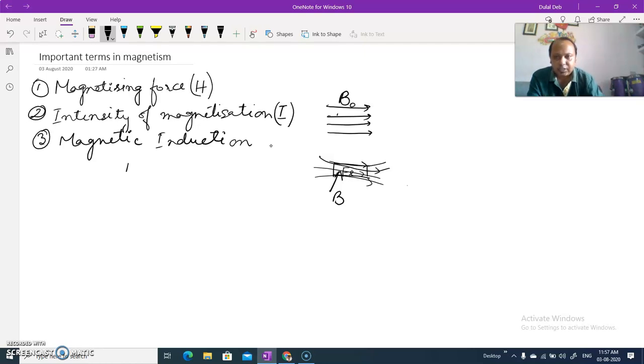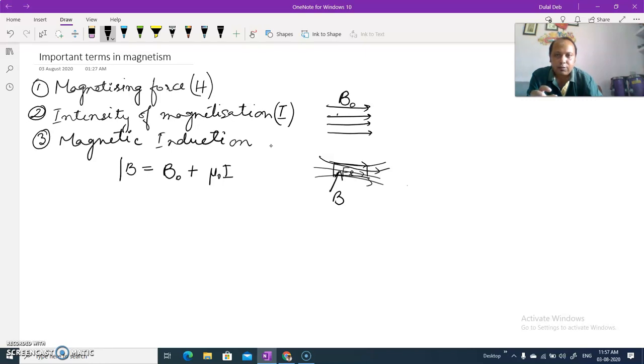Naturally this value of B, which is the final magnetic field here, will depend on the initial value, plus it has increased now, so it will depend also on the intensity of magnetization of the material. The more the intensity of magnetization, the more lines will be attracted, so it will depend on I. A constant term will come here, which is mu naught.